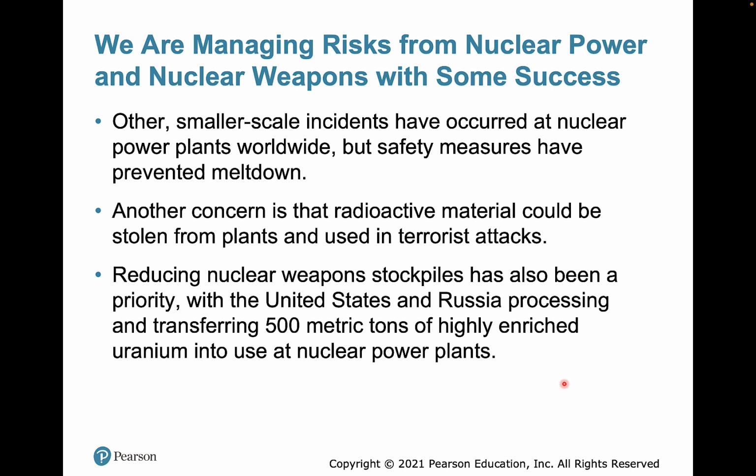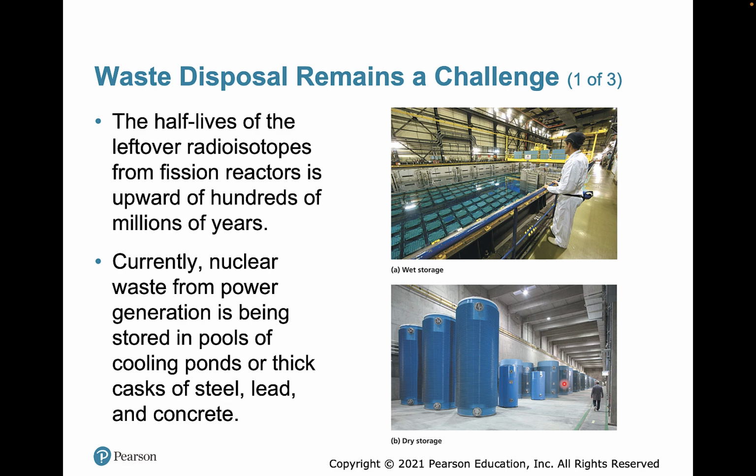If they're not carefully monitored, one of our big fears in the United States is that they could be stolen from power plants and used in a terrorist attack. And we've also been working hard since the end of the Cold War to reduce stockpiles of nuclear weapons for that same reason, and turning that material into uranium to be used at power plants. So instead of mining more ore, we're going to use the resources that we have.